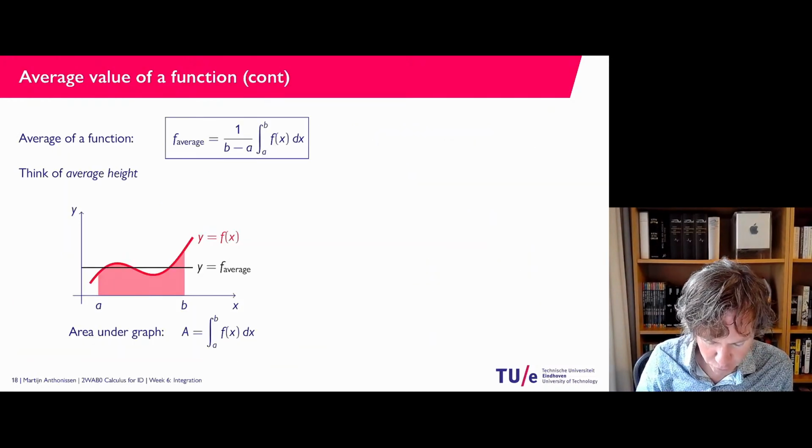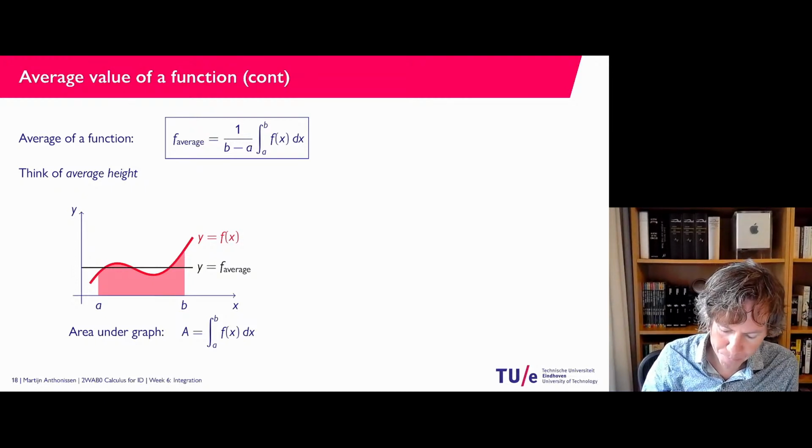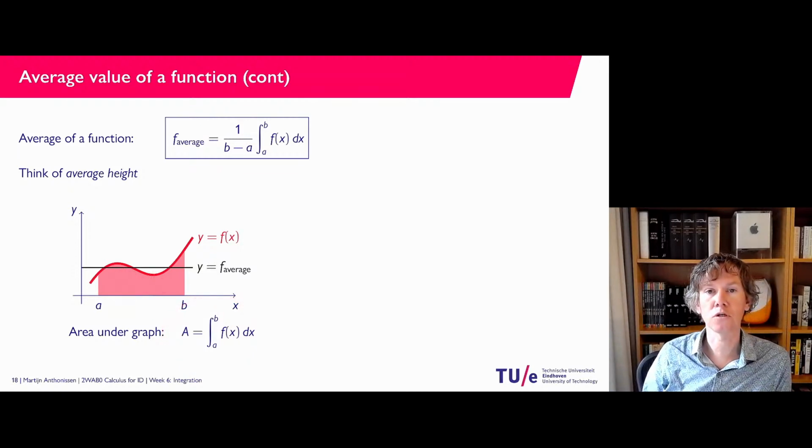So you can think of an average height. And here in the picture, I have added the area under the graph. So the area under the graph is the integral, and that is the area of the red shaded region that you see here.